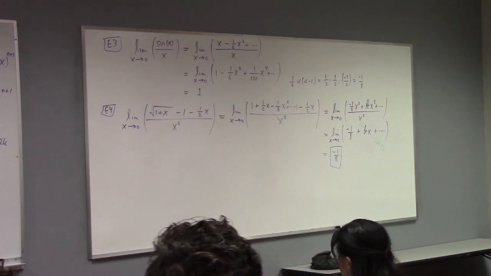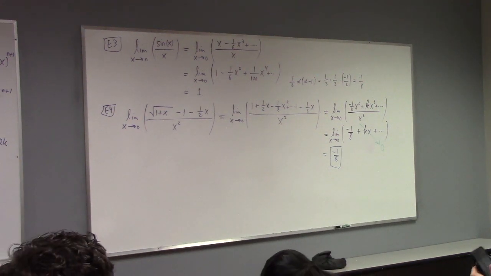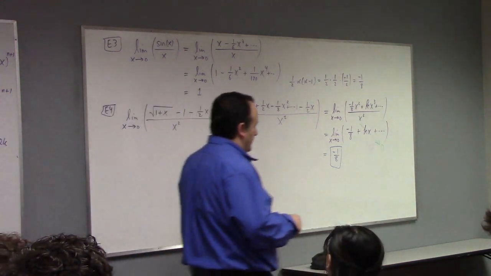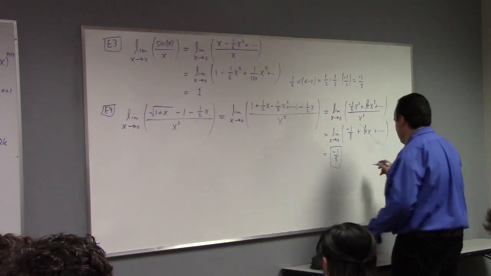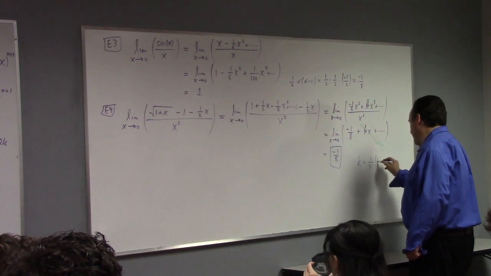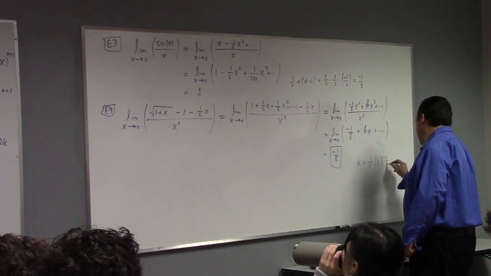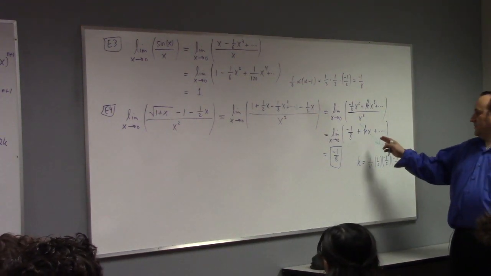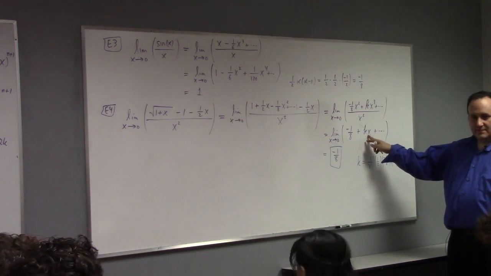Yes, sir? Can you just make the rest of the terms in that equal to k? Is that what you did on that? Well, my point is, first of all, the k is literally 1 over 3 factorial times 1/2 times minus 1/2 times minus 3/2, whatever that is, who cares? The bigger point is there's an x here.